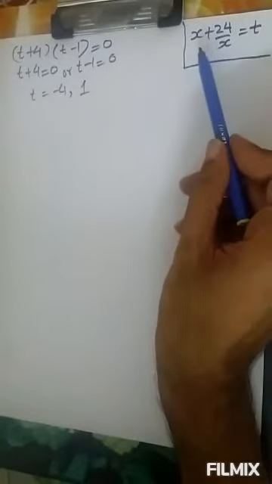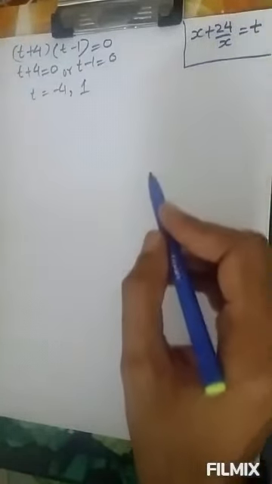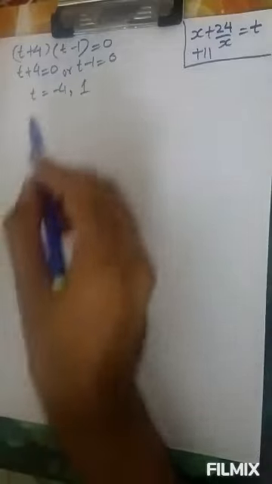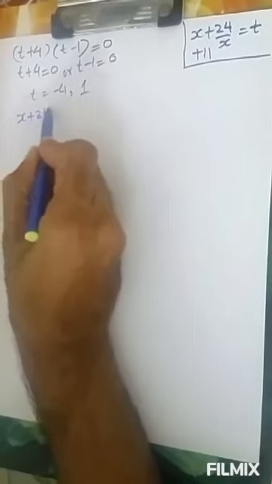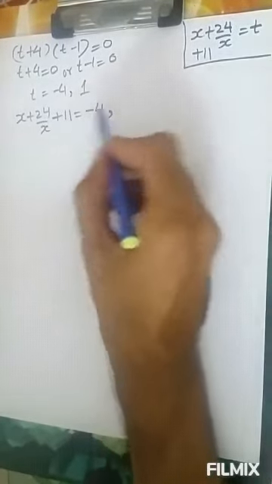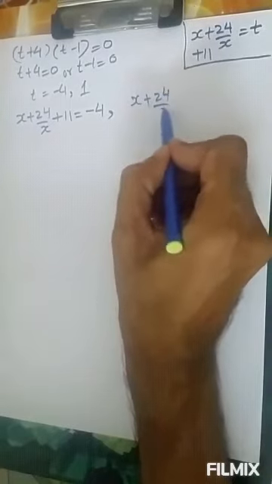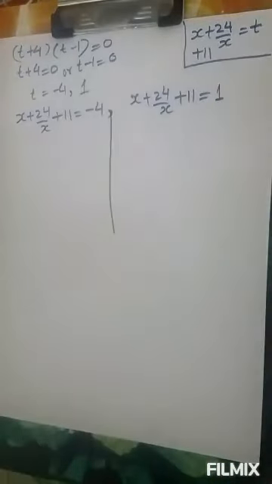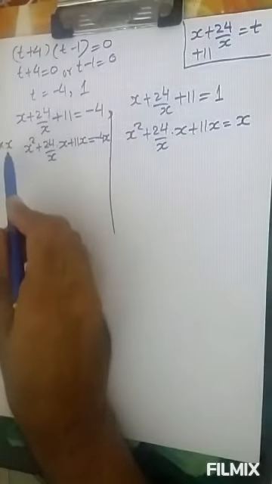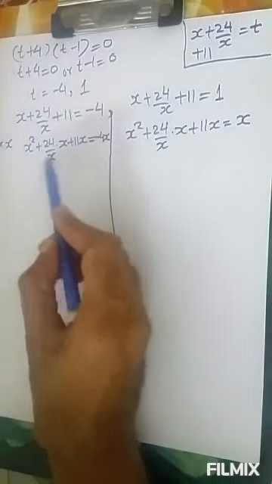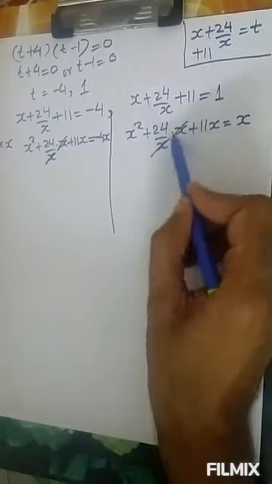Now we know, we assumed x plus 24 by x plus 11 as t. So now what we will do, we will put t as x plus 24 by x plus 11 equals to minus 4, which gives us one equation, and x plus 24 by x plus 11 equals to 1. Now we will solve these equations. So what we will do, we will multiply by x both sides. So this x becomes x square, 24 by x into x cancels out. Similar thing happens here also.